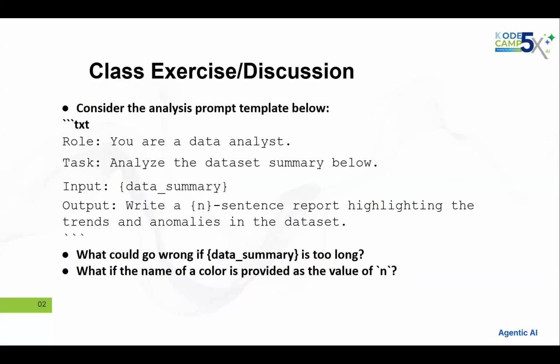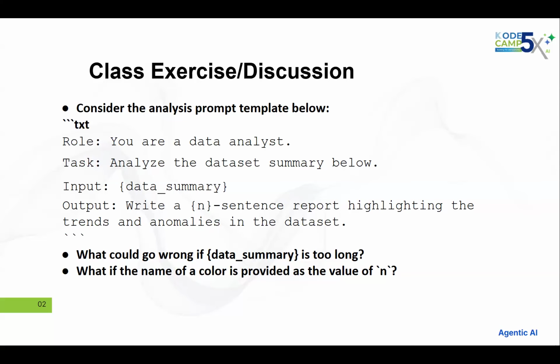Well, I think you're misunderstanding the prompt template. The entire text starting from role and ending in anomalies in the data set, that is the prompt template. And that is what you feed to the LLM.